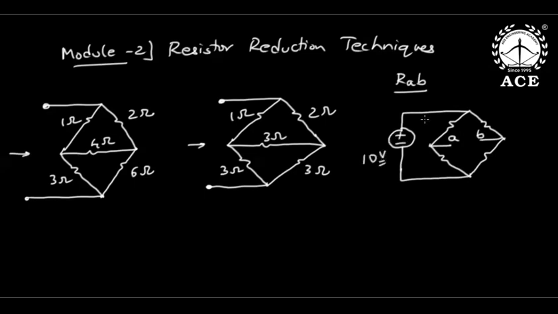This is 3 ohm, this is 6 ohm, this is 2 ohm, this is 2 ohm. I need RAB. Chalo, these three problems, do it. I'm giving only 2 minutes. Quick, 2 minutes only. You should do it.